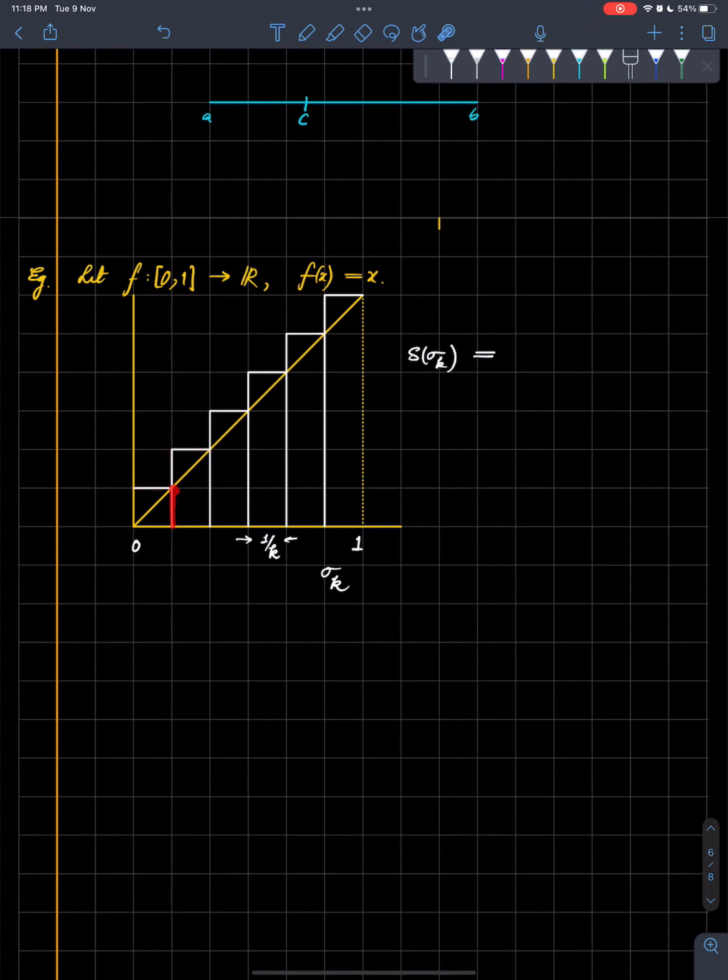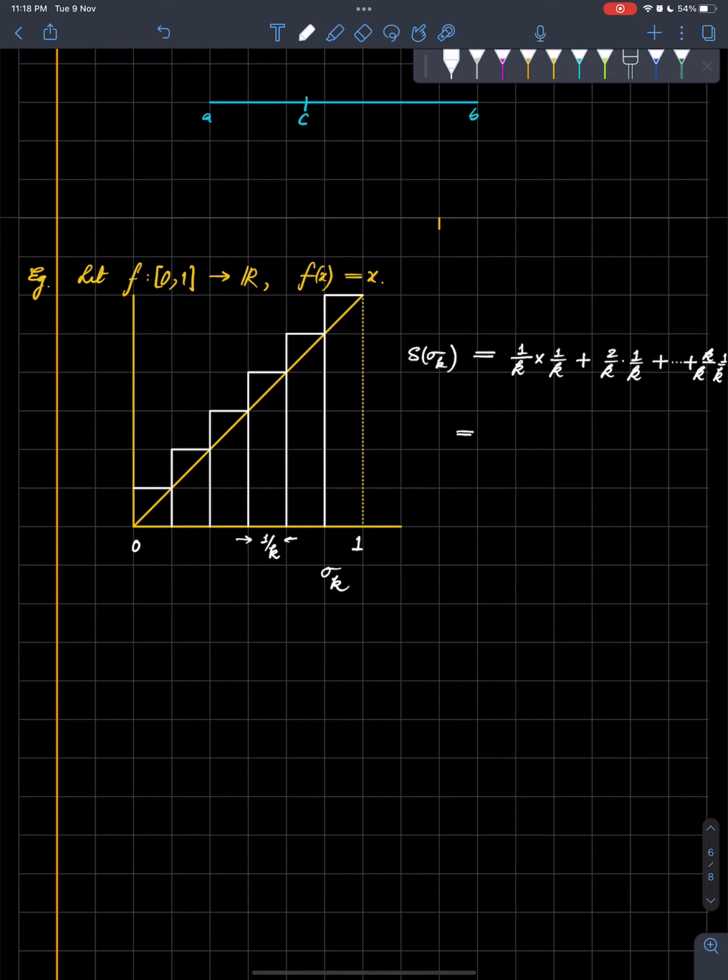So the value is 1 upon k times 1 upon k plus 2 upon k times 1 upon k plus dot dot dot. How many times will we be doing this? We'll be doing this k times.